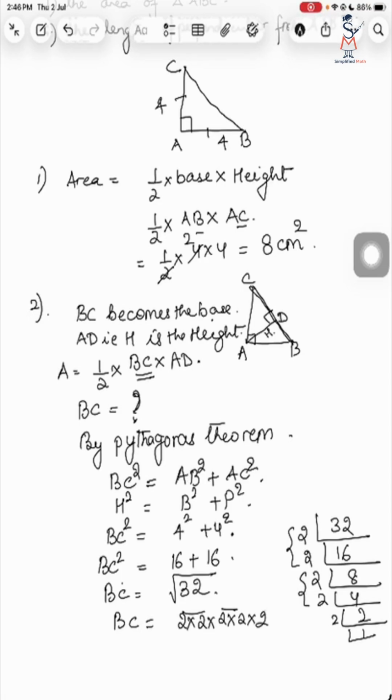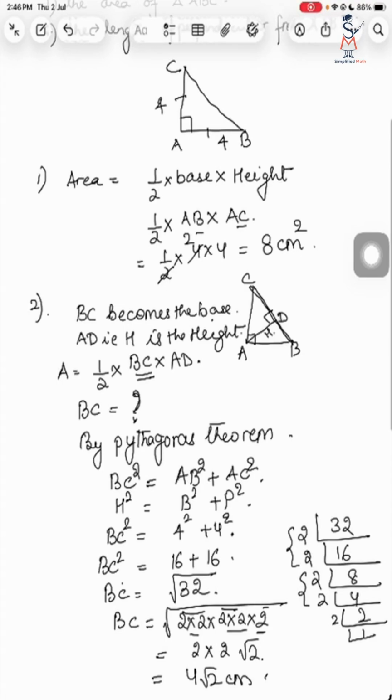Out of each pair we will take one number, 2, one number from the other pair, 2, and this 2 has no pair, so it stays under the root. So BC becomes 4 root 2 centimeter.